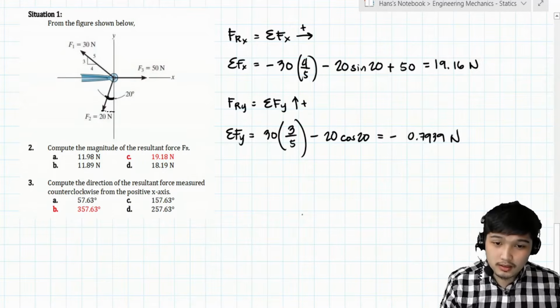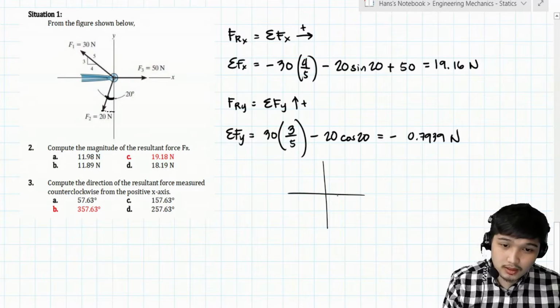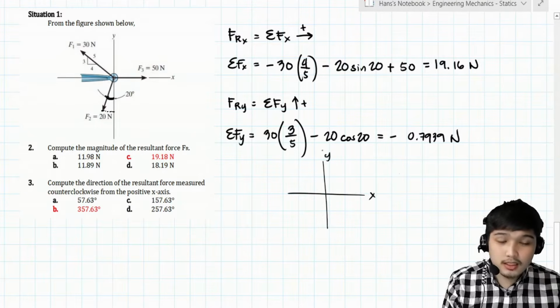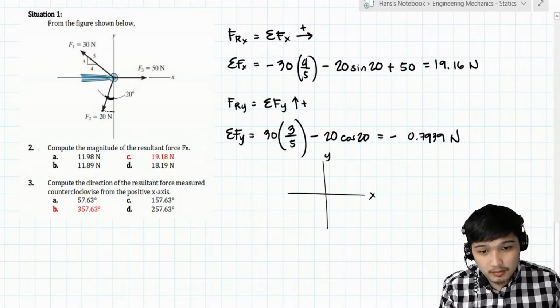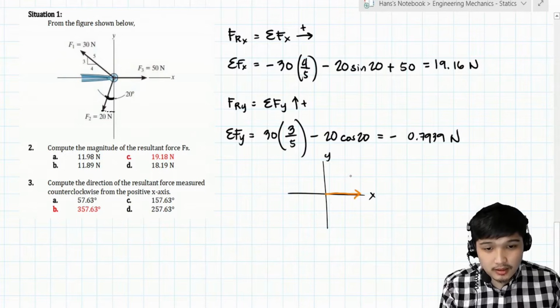Okay, so just like this one, so kung nag-drawing ako dito ng Cartesian plane, x and y, so yung horizontal component is what? 19, no? Positive. So, parang ito yon. So, ito yung FRX na 19.16.